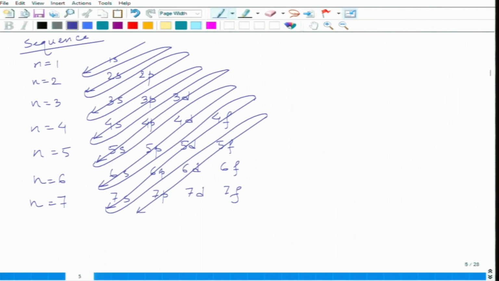Now, this will give us the sequence of filling of orbitals. So, this will go like this.